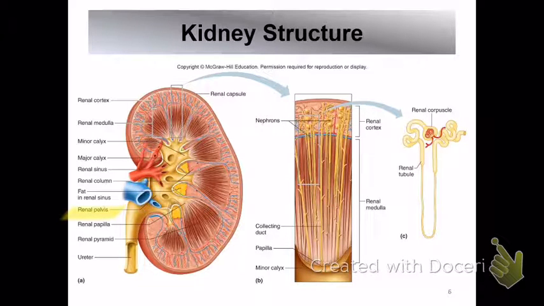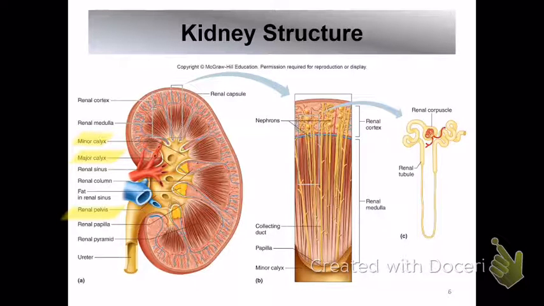In the pelvis, there are major and minor calyces, and it would be calyx, C-A-L-Y-X, if it were singular. The major calyces are large tubes that merge to form the renal pelvis, and the minor ones are the small tubes. They're highlighted here, major and minor. You can see right here would be the major, and then as it separates out would be the minor.